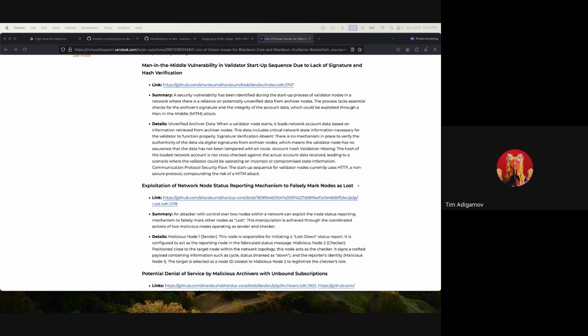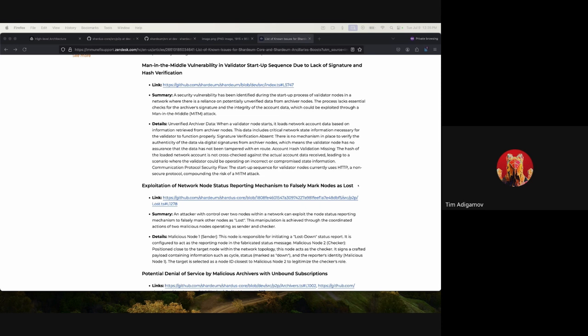This happens when some node is out of service for whatever reason, and the network should not spend time connecting and sending data to this node. There is a mechanism for other nodes to report that the node is lost, and a mechanism to validate that this lost report is correct.